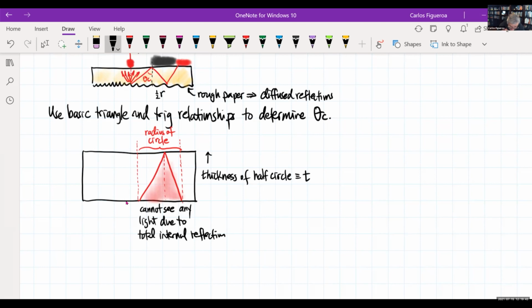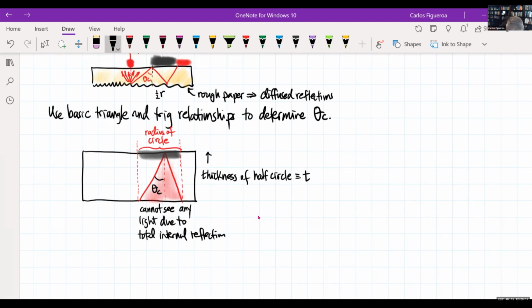So what I can do here is measure the radius of the circle. That means all along here, you're getting this black circle right here. This represents the critical angle. If that's the radius of the circle, one of these edges is half the radius.